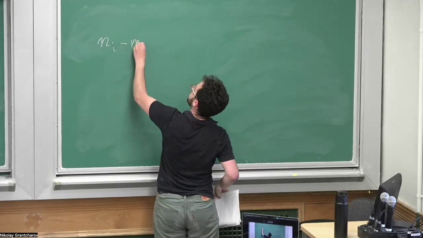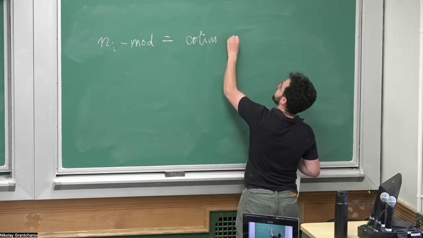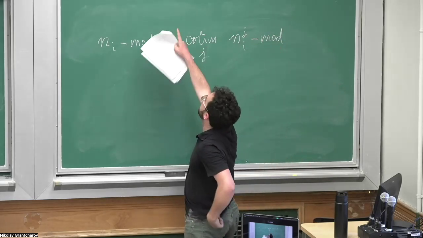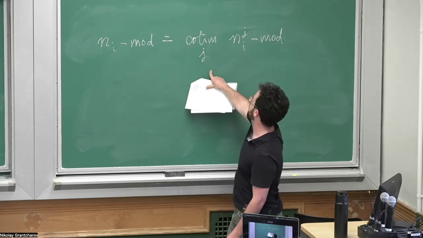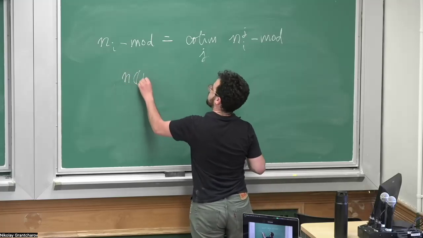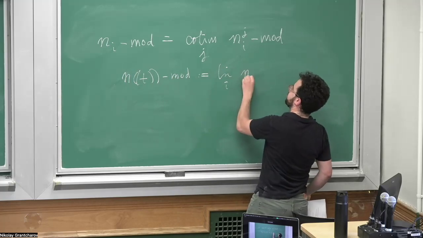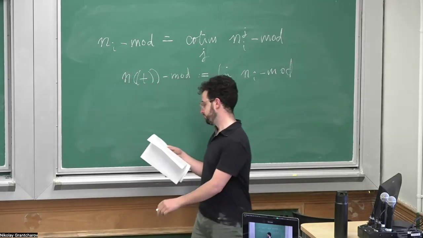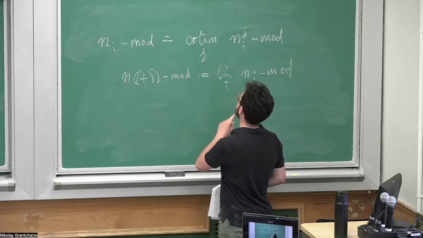So we define N_i-mod to be the colimit of N_{i,j}-mod. Since N_i was written as a limit of N_{i,j}, the category of modules is the colimit over the categories of modules over N_{i,j}. And n((t))-mod is defined to be the limit over N_i-mod.